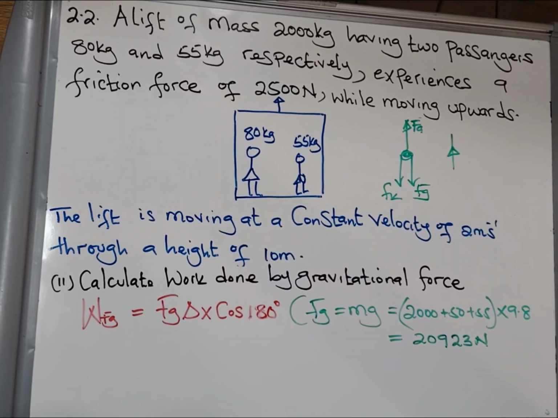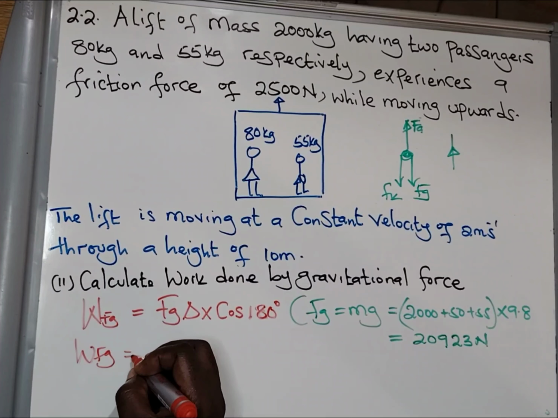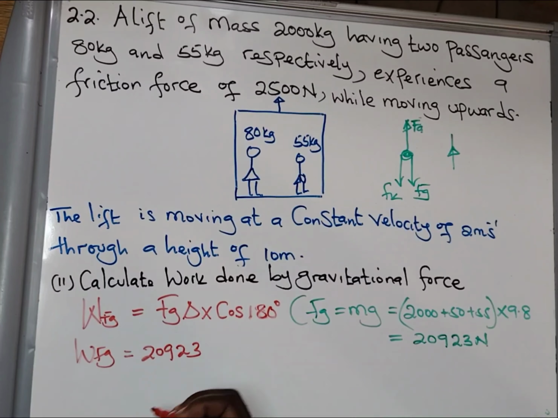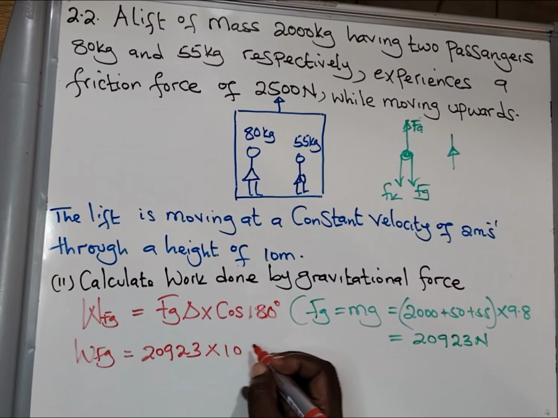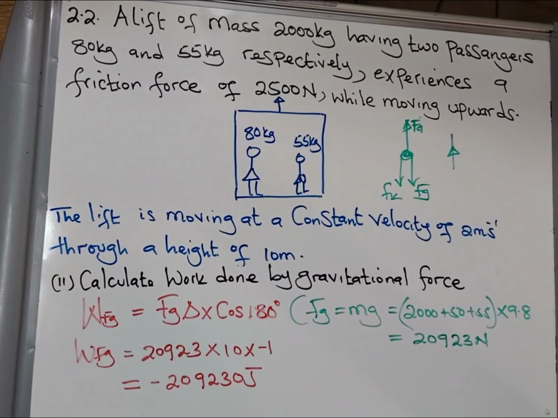We substitute it here and say work done by the gravitational force is equal to the gravitational force, which is 20,923, times displacement, which is 10, times -1. What you get here is the work done by the gravitational force, which is negative 209,230 joules.